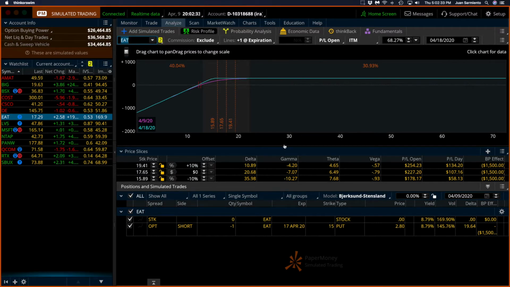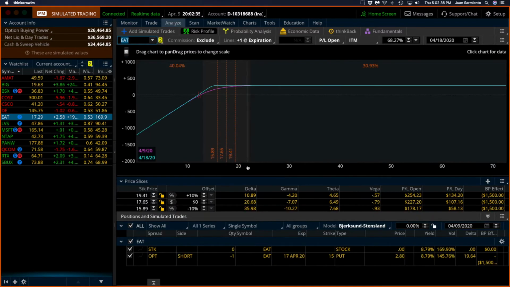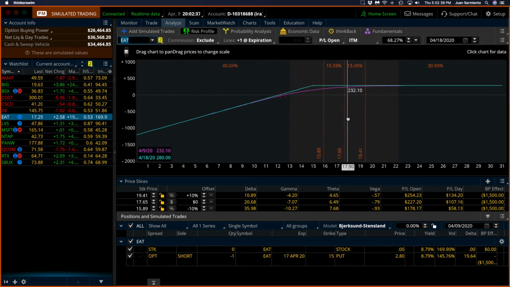Okay, EAT, this is a short put. And here we have the difference between the money I am currently holding. My paper profits is 227 for a potential 280. You can simply add a put at the money.